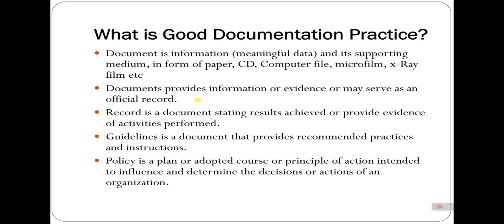And a record is a document. Now coming on, a record is a document stating results achieved or providing evidence of activities performed. In the records, every result which is achieved will be there, and it will provide every activity which is performed, right?